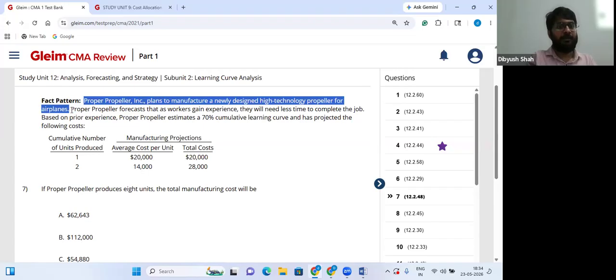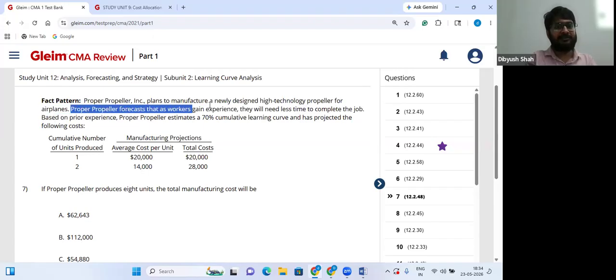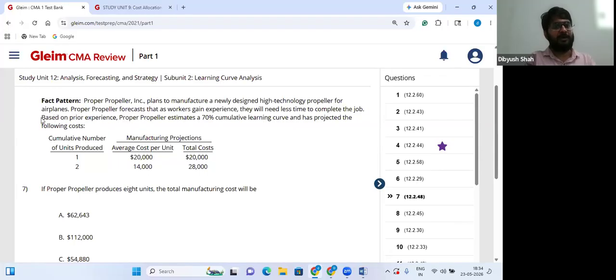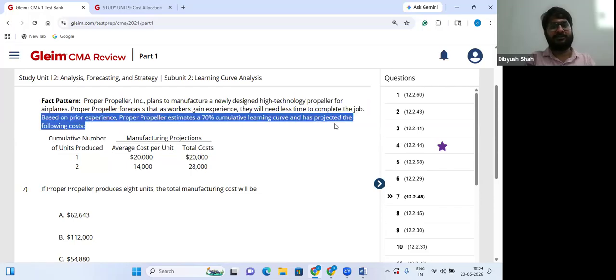Proper Propeller forecast that as workers gain experience, they will need less time to complete the job. Again, irrelevant. Based on prior experience, Proper Propeller estimates a 70% cumulative learning curve.